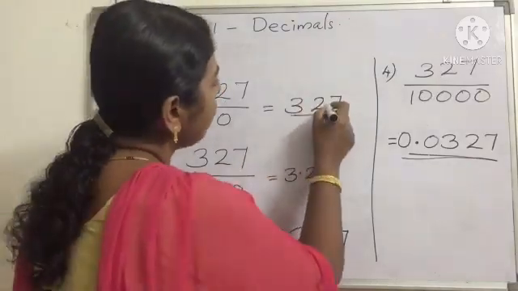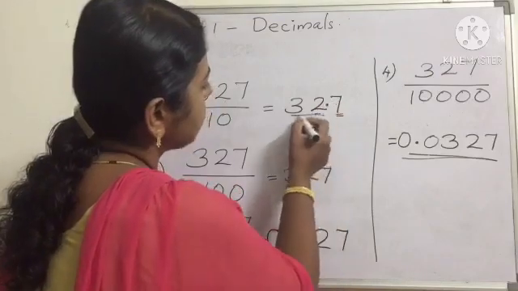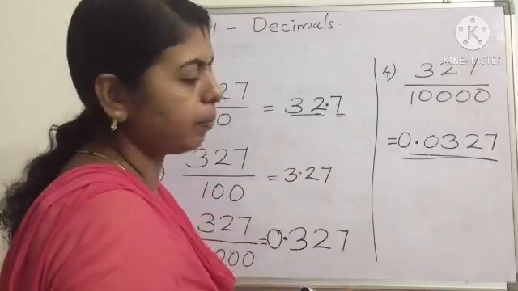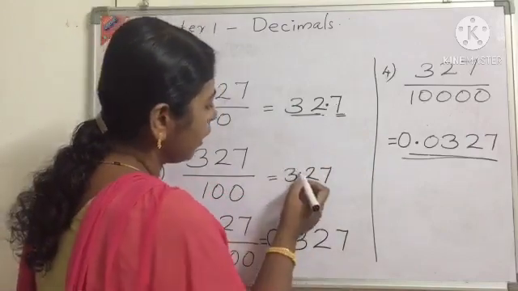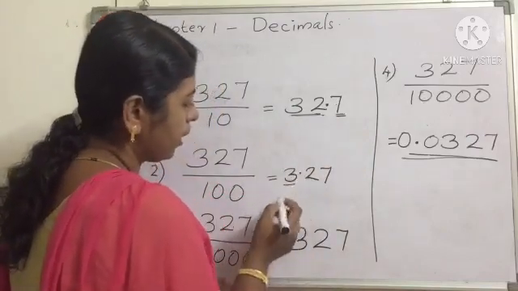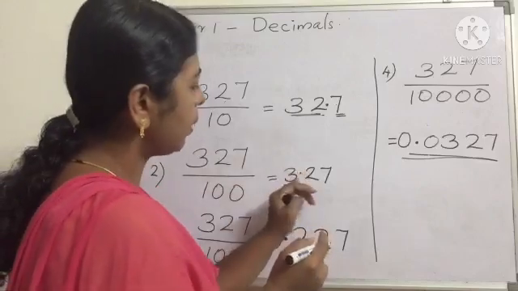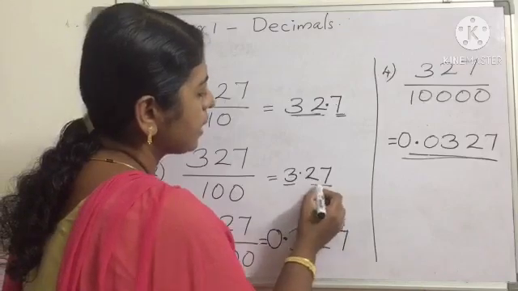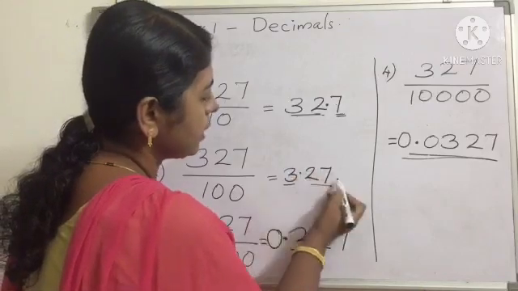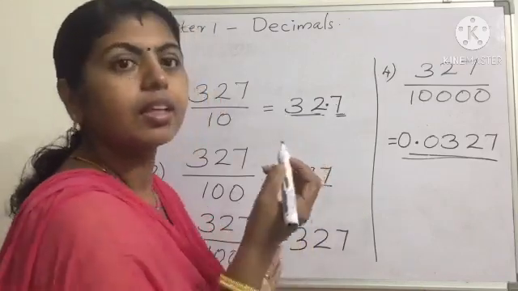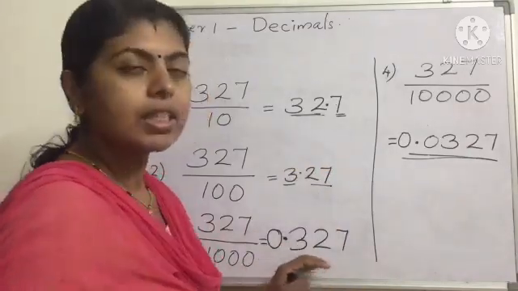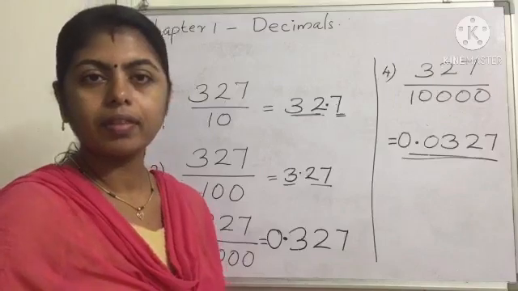For this decimal point, the left side is the whole part and the right side is the decimal part. For the second one, which is the whole part? The left side of the decimal point is called the whole part, and the right side of the decimal point is called what? Decimal part.